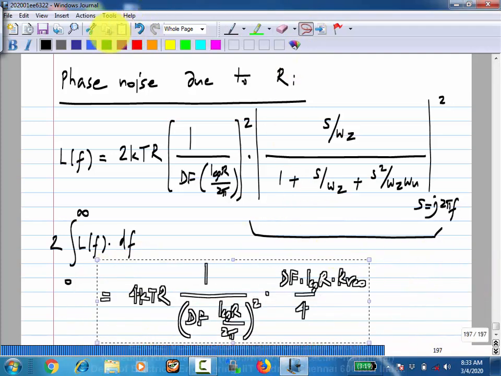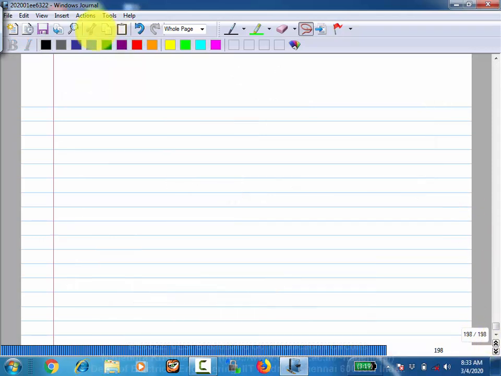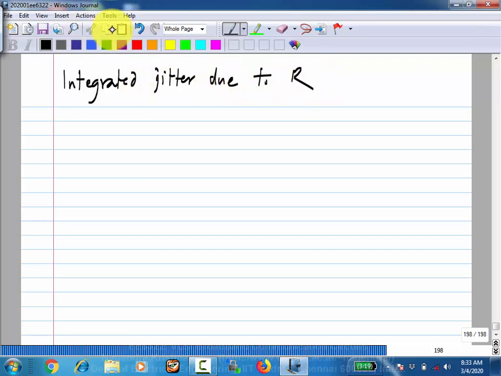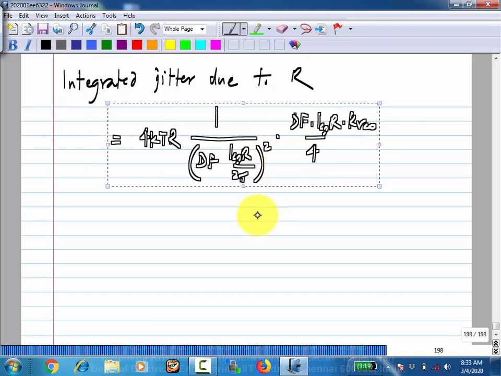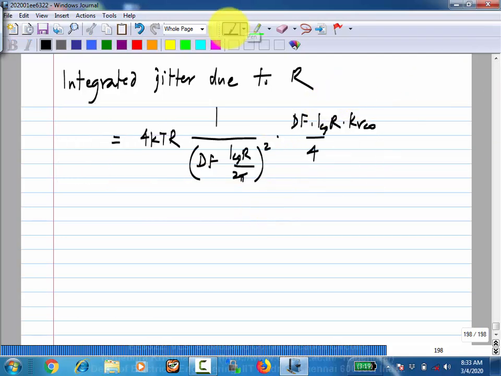The integrated jitter due to this is so much, right?